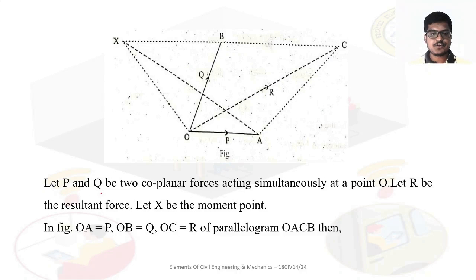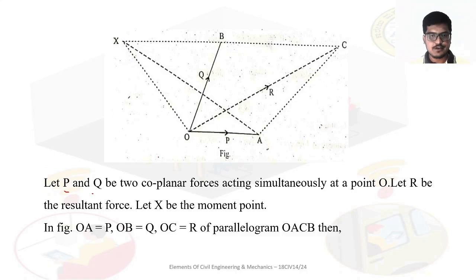Let P and Q be the two coplanar forces acting simultaneously at a point O. Let R be the resultant force and let X be the moment point. So X is the moment point for both P, Q and also for R. X is the reference point for us.